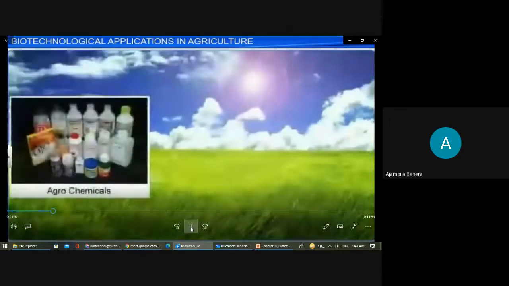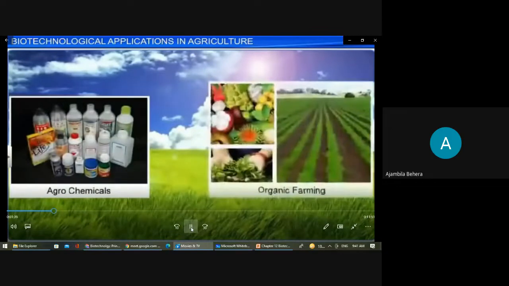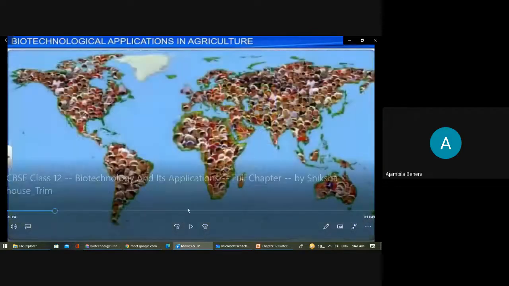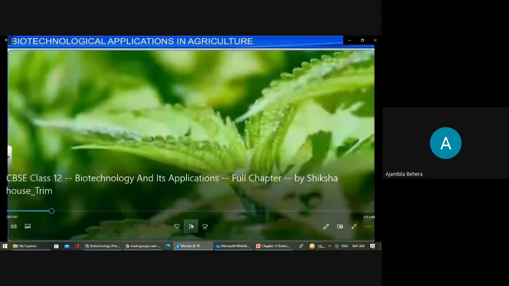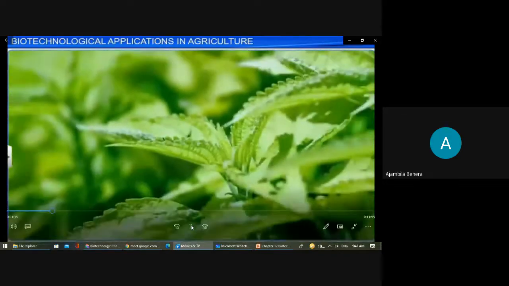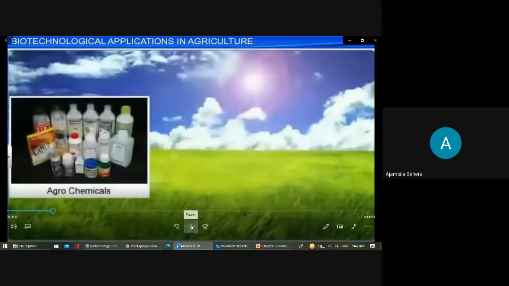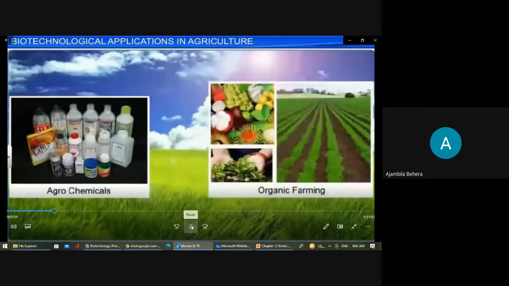Mostly we are relying on agrochemicals. We use more and more fertilizers, more and more pesticides, and we get a bumper harvest.